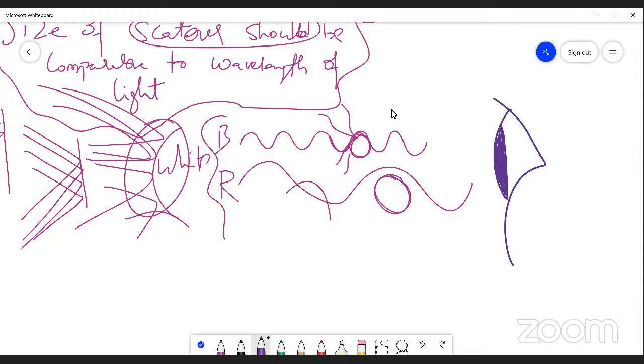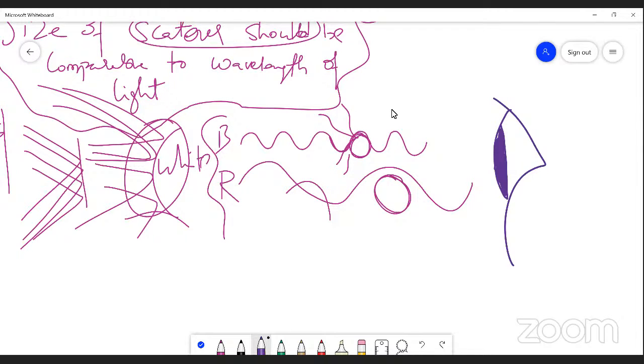Most of it is scattered by blue. Blue color is scattered more than red light because the red wavelength is maximum. The scattering condition is that the size of the scatterer should be comparable to the wavelength of light. So blue color is scattered in the Earth's atmosphere. That's why the sky appears blue.